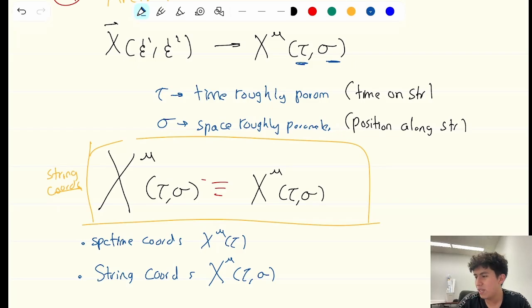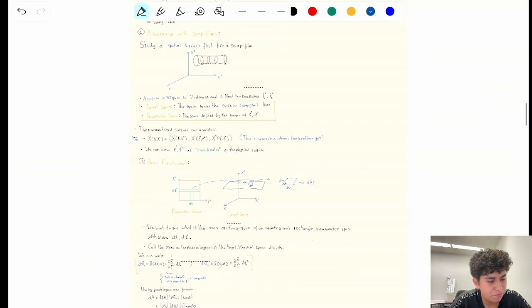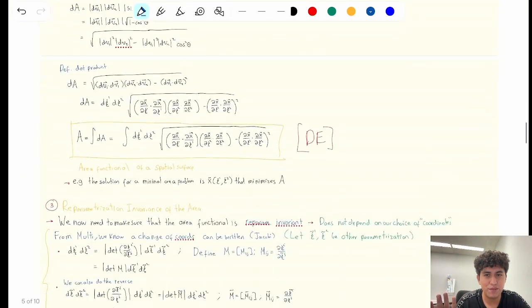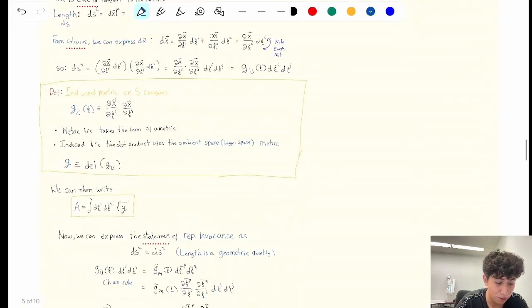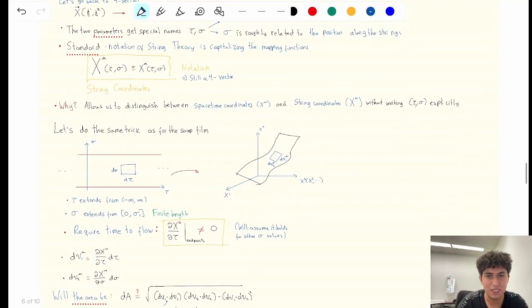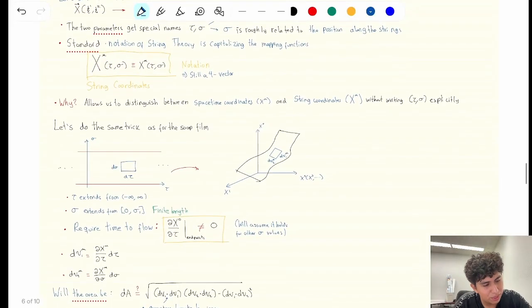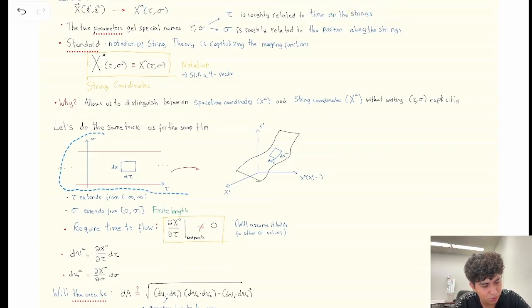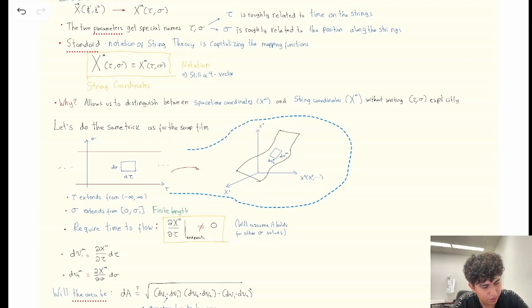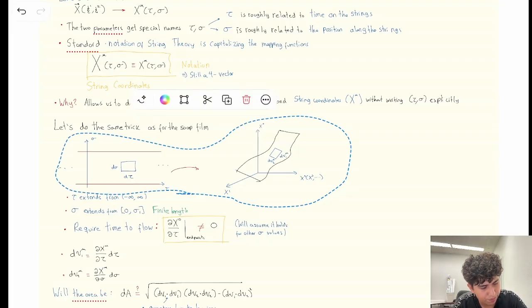Cool. So now let's do basically the same we did before. We just wanted to find the area, so now we want to find the area in space-time. Let me copy the diagram so that I don't have to draw this.